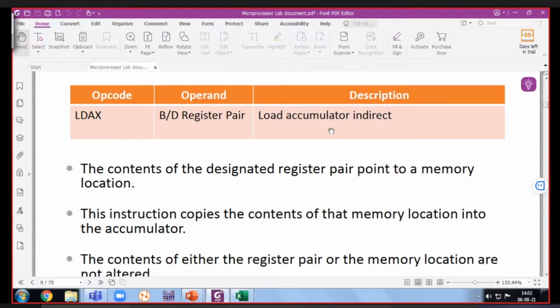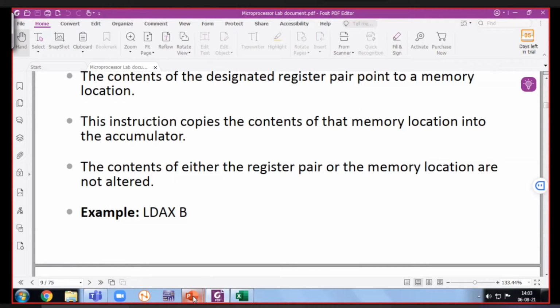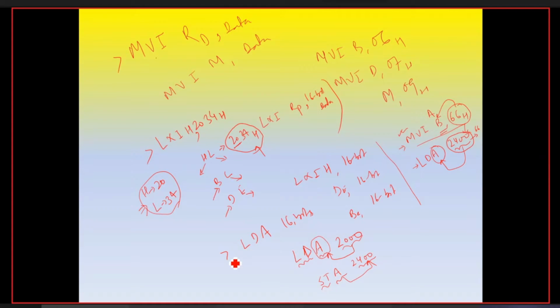The instructions related to this one are LDAX B and LDAX D. This instruction copies the content of that memory location into the accumulator. Suppose the instruction is LDAX B. This is an example of indirect.